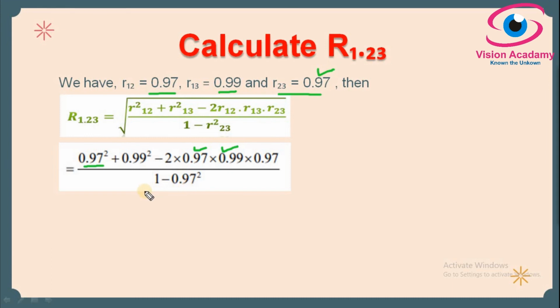In the denominator, 1 minus R23 square, which is 0.97 into 0.97.